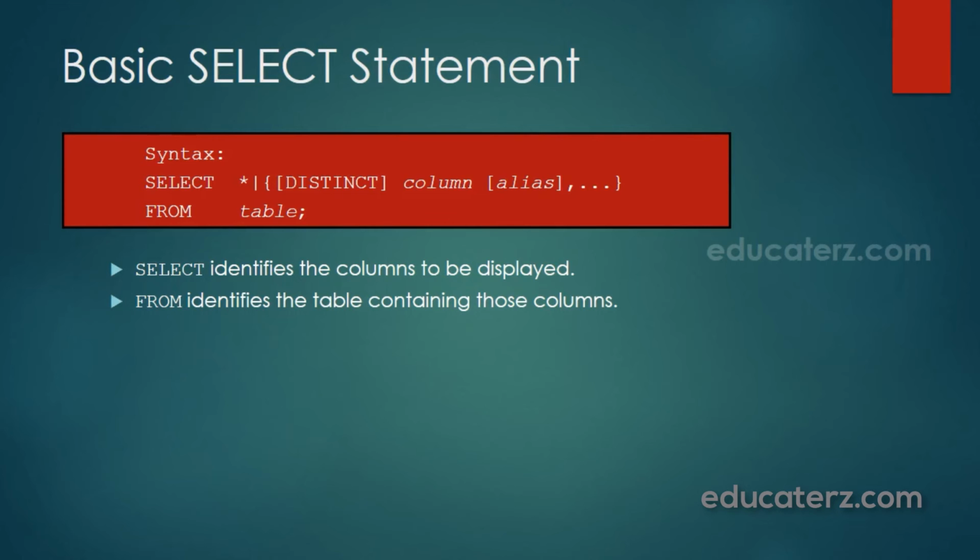And in the from clause we have the table name. Select identifies the columns to be displayed, and from identifies the table containing those columns which are mentioned in the list.